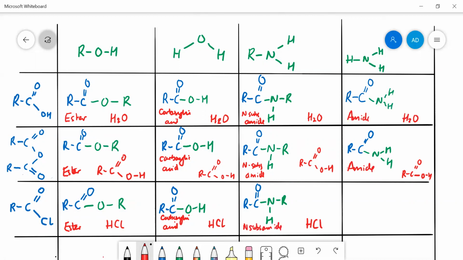Finally, with the acyl chloride, we're going to lose the H and the Cl, so that's what's eliminated. So we get HCl as a small molecule, and we're going to get the amide again. This is coming from the acyl chloride, this coming from the ammonia, and we get HCl as a small molecule and the amide as the organic molecule.